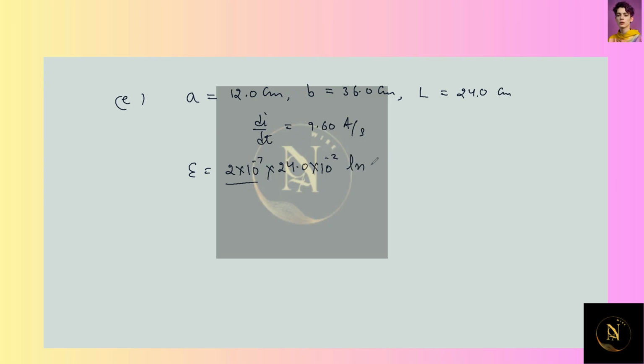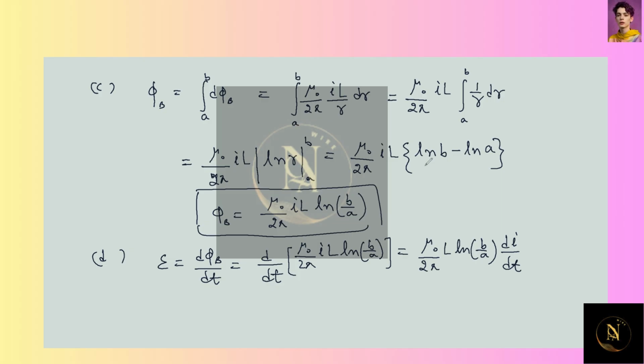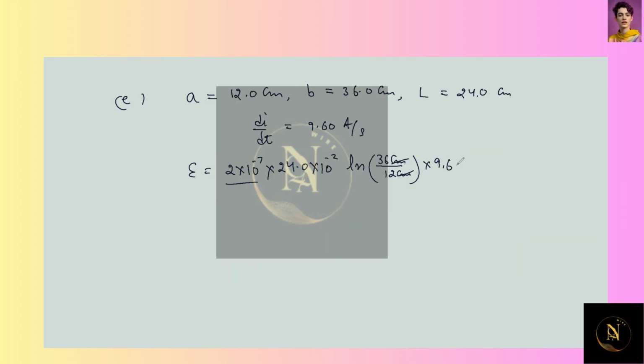Then natural logarithm of b by a, means 36 centimeter divided by 12 centimeter, so centimeter will be cancelled, and finally multiplied by di by dt, which was 9.6 ampere per second. When we solve this completely, we get 5.1 into 10 raised to the power minus 7 volt. This is the numerical value of the EMF induced, and the answer for the last part of the problem.